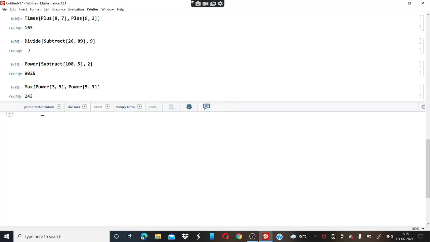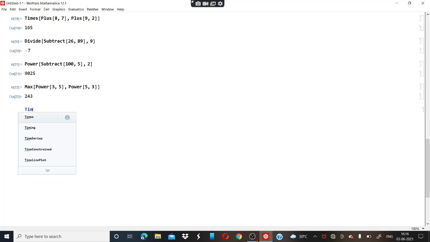Now multiply 3 and the larger of two numbers given here. I will show you. For multiply we use times. So our main function is times. Then we use bracket and write 3, then comma, and we want the larger of two numbers given here, 4 raised to power 3 and 3 raised to power 4.